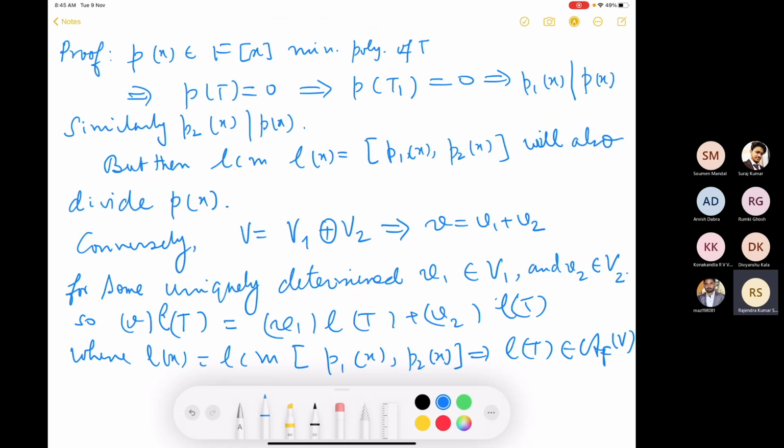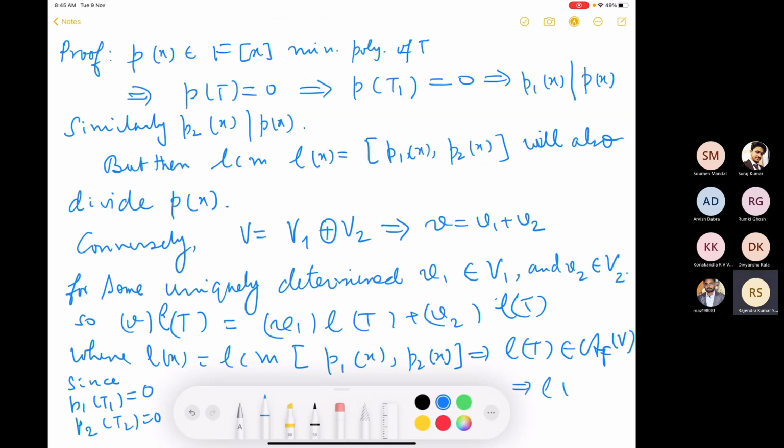Since P1(T1) is 0 and P2(T2) is 0, when you restrict, L(T1) will be 0 and L(T2) will also be 0.